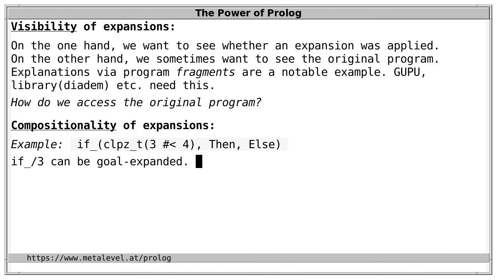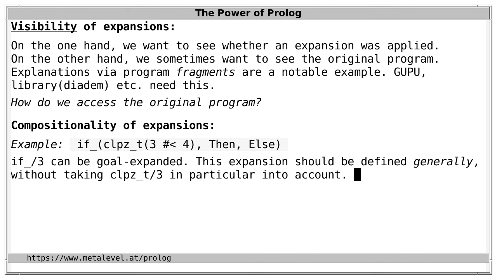This is a case where expansions of two libraries, rev and CLPZ, need to work together in a sense. What we don't want is a definition that takes such a specific combination of goals into account and therefore only covers that specific case.